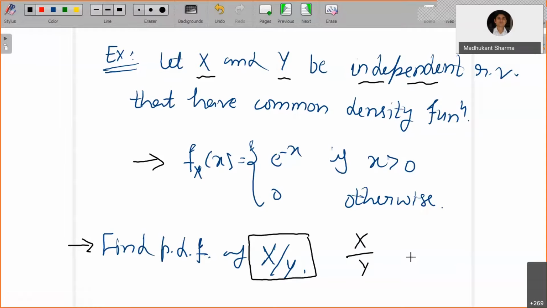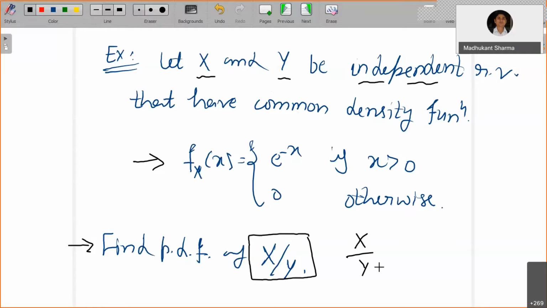Now before starting, first we need to check whether this set is well defined. It is well defined because both density functions have a range that does not include 0, so the denominator does not vanish.